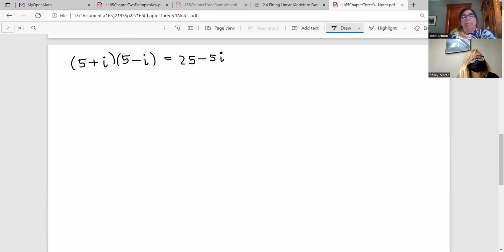Inside terms, 5i. Last terms, i times negative i is negative i squared. So from the previous example, we get a real number and imaginary numbers. What happens to the imaginary numbers? They cancel. Negative 5i plus 5i gives you 0. This is negative 1, a real number.